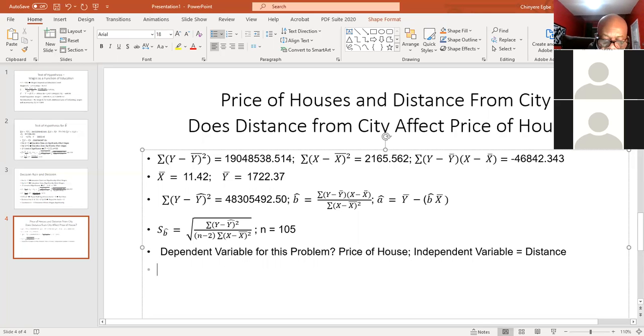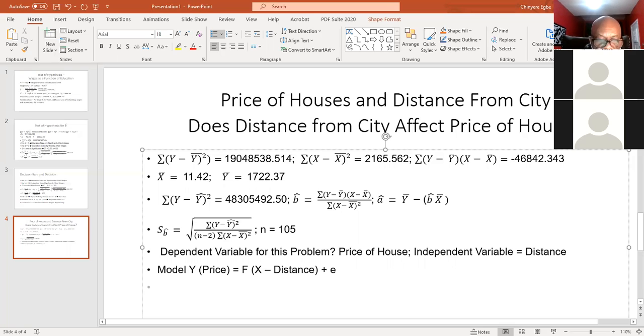So the model we're going to use will be Y, which is price, is a function of X, which is distance, plus E. So this is going to be our model, right?